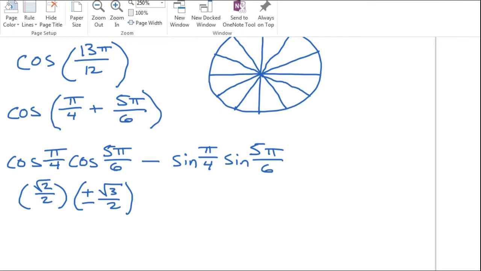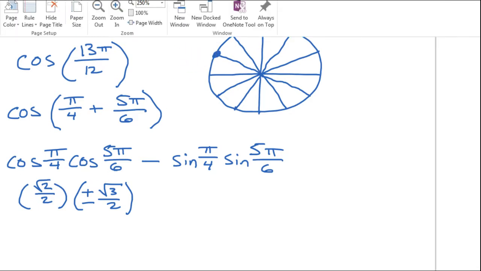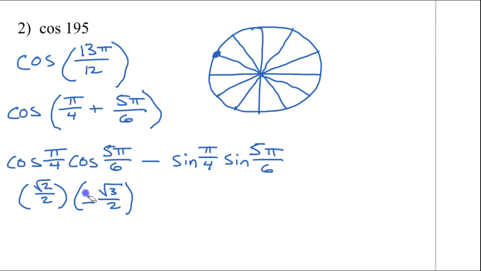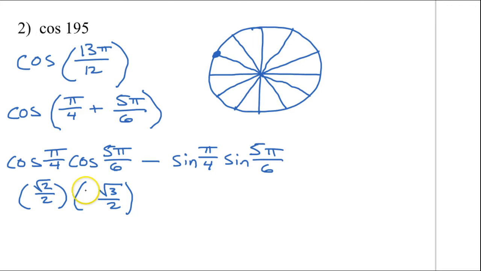So where is that? This is 6 pi over 6. 5 pi over 6 is right here. So the question is, is cosine positive or negative in this second quadrant? Negative. Cosine is the x value, and x values are negative over here to the left. So that's why I'm going to go with a negative radical 3 over 2. Let me just put it in the middle. Okay, so negative radical 3 over 2.